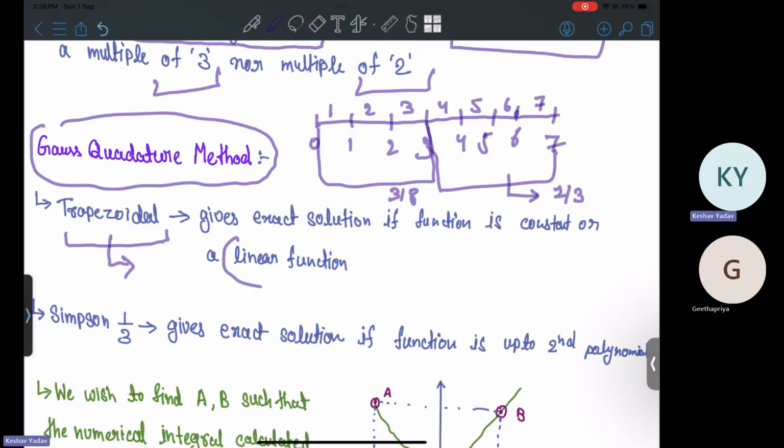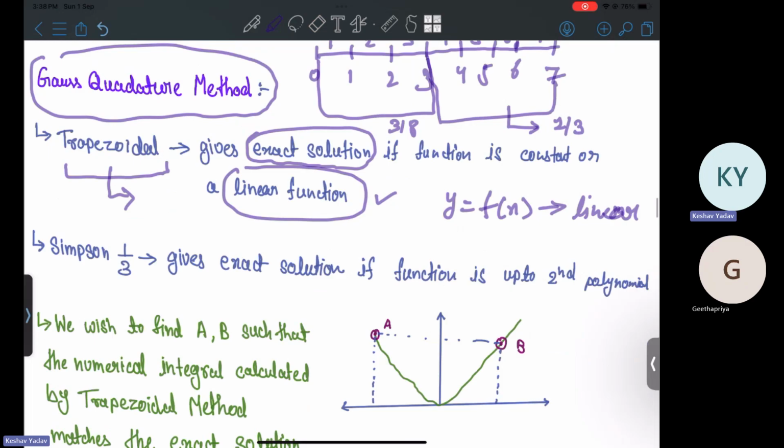Suppose we have a linear function, y equal to f(x), where f(x) is linear. If I use the trapezoidal method, that will give me the exact solution.